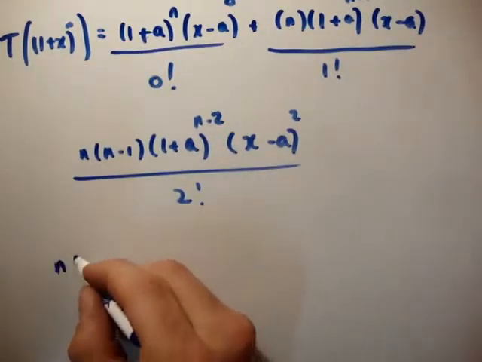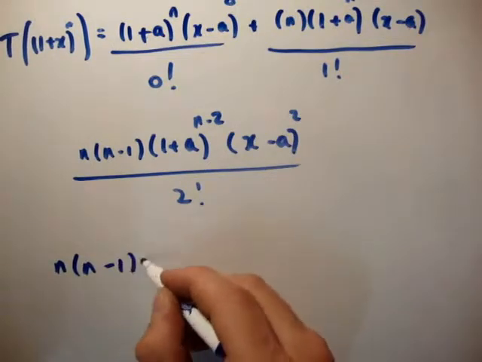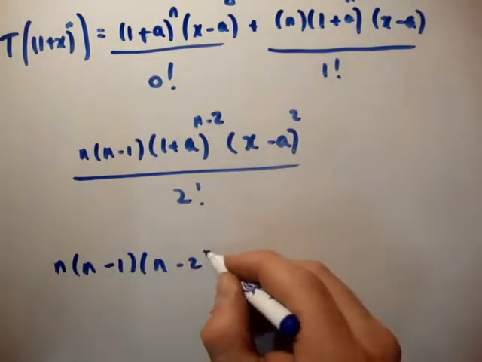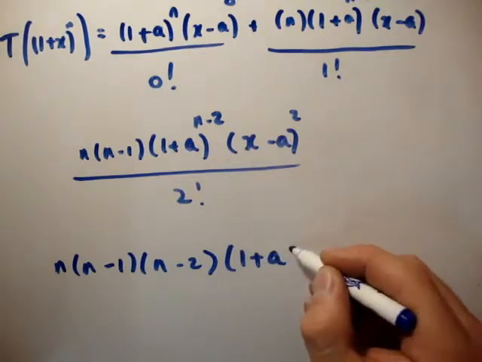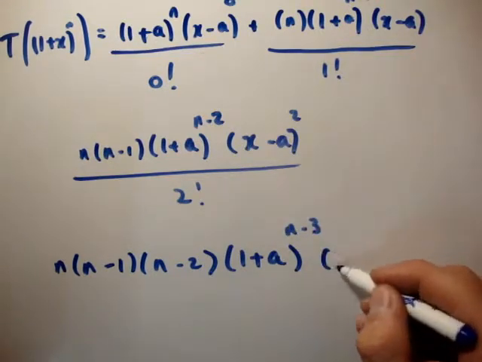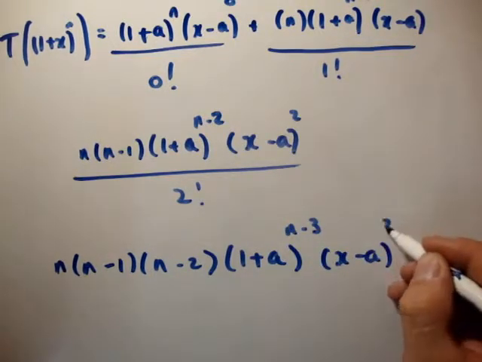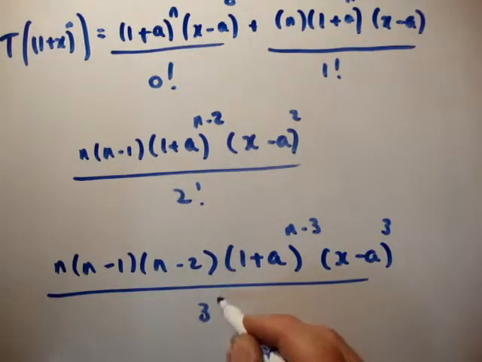And just I'll do one more: n(n − 1)(n − 2), (1 + a)^(n−3), (x − a)^3 divided by 3 factorial. So if you add them all up, you get your Taylor series.